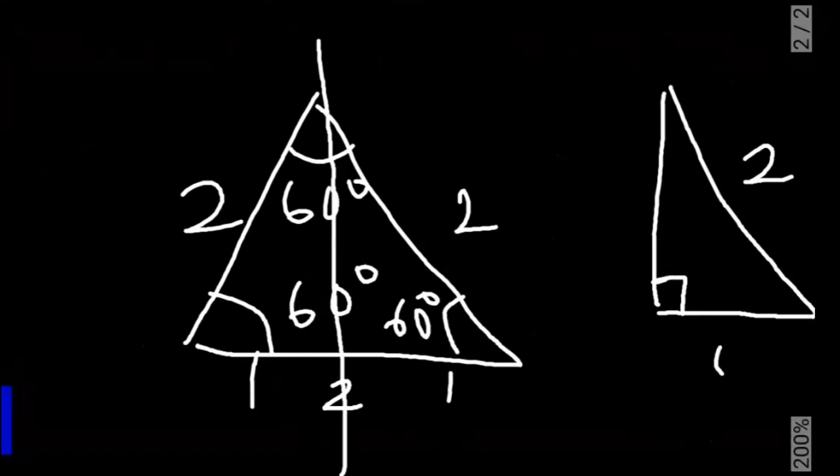The angle here is divided into 2, so we have 30 degrees. And here we have 60 degrees. But we don't have the length of this side.